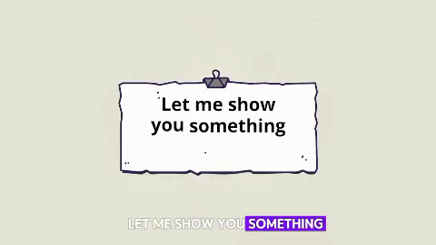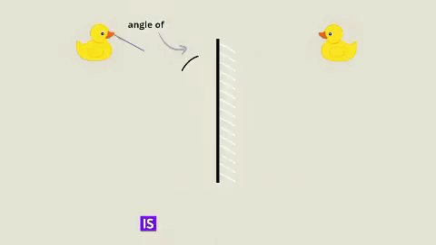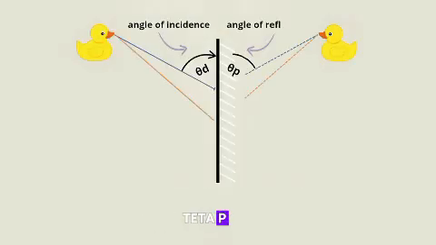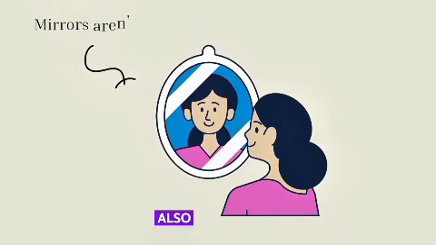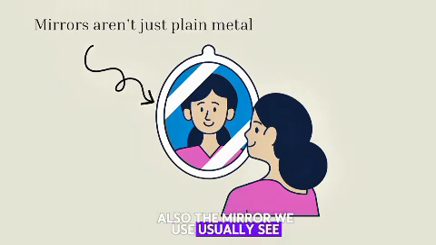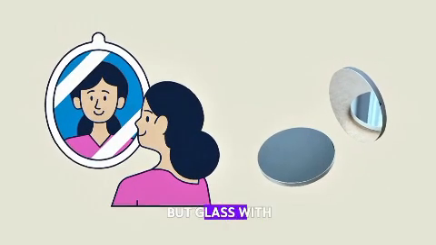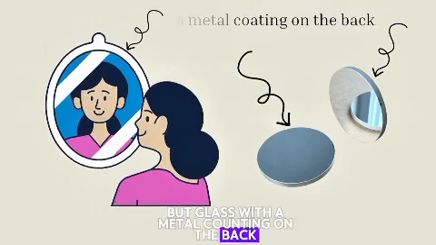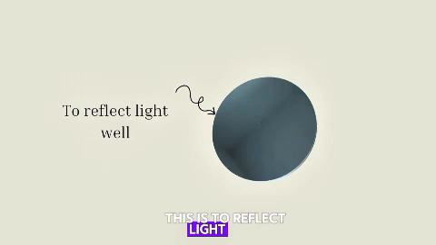Theta i equals theta r. Theta i is the angle of incidence, theta r is the angle of reflection, and they are always in the same plane along with the normal line. Also, the mirrors we usually see are not plain metal, but glass with a metal coating on the back, like silver. This is to reflect light well.